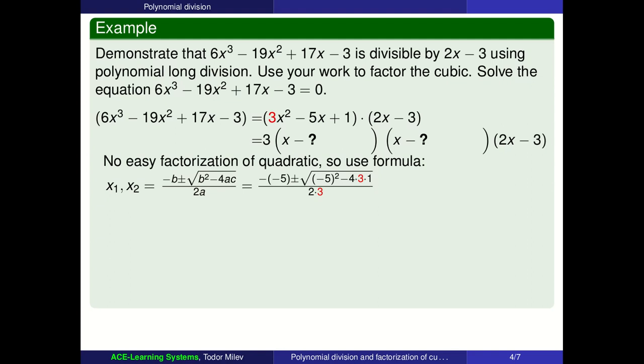So the number a equals 3. The number b equals negative 5. And the number c equals 1.